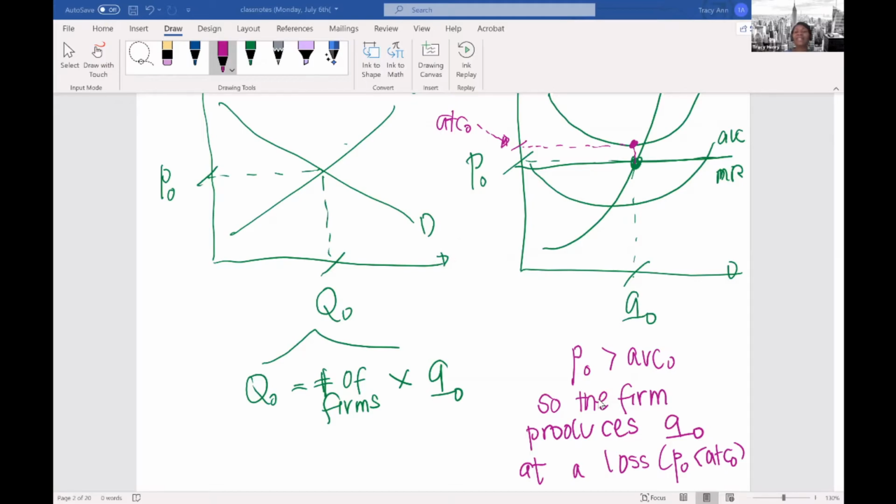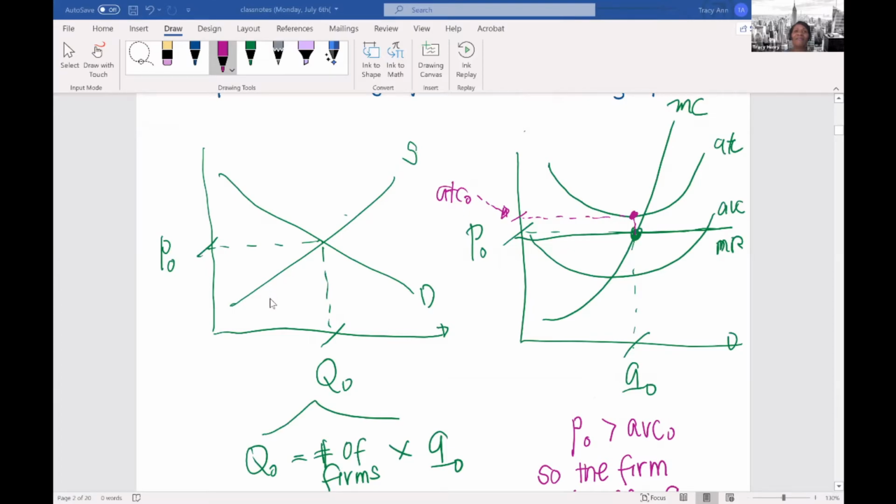And when firms begin to exit the market, what I want you to notice is that from long ago in chapter 2, we know that the number of firms is a determinant of our supply curve, such that if the number of firms decreases, the supply curve shifts to the left, and if the number of firms increases, the supply curve shifts to the right. So in such a situation, your supply curve will shift to the left as firms leave in the long run.